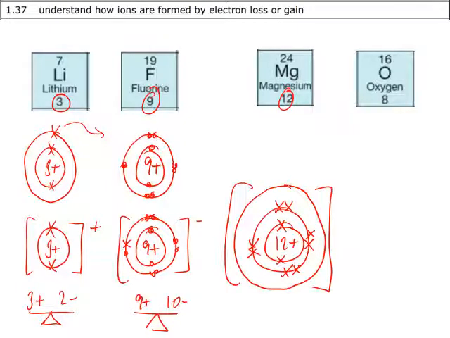And because it's lost 2, we still have 12 protons, but now we've lost 2 electrons, and we're going to have only 10. So we've got 2 positives. You should have had something like that. Your oxygen, on the other hand, has 8 protons in the middle, the nucleus.